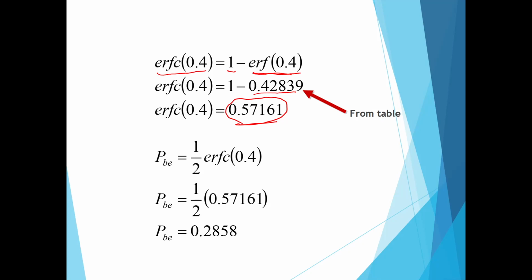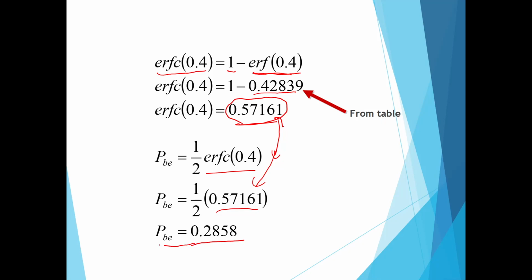So, using this value, ERFC of 0.4, we get 0.57161. It is not finished yet, so we need to multiply it by 1 over 2. So we get 0.2858.